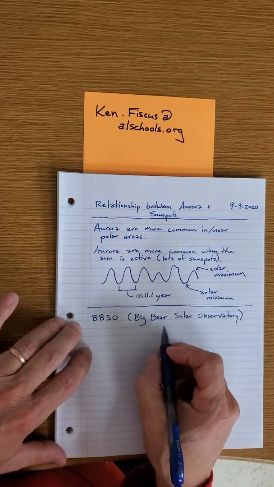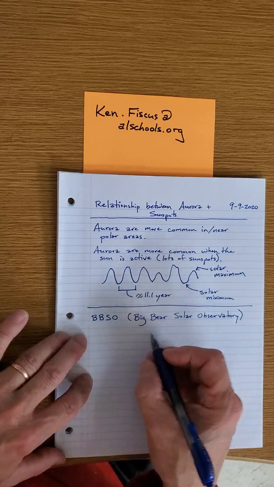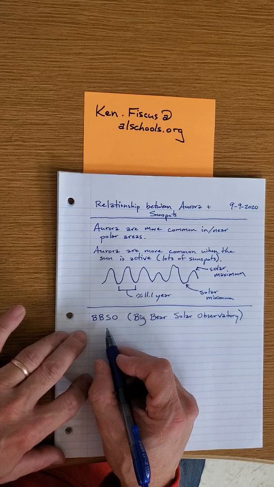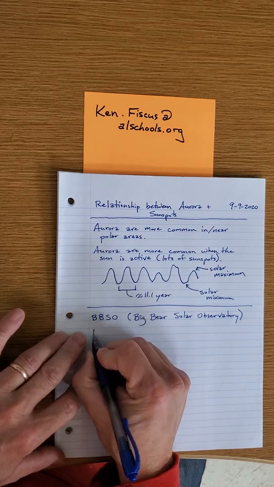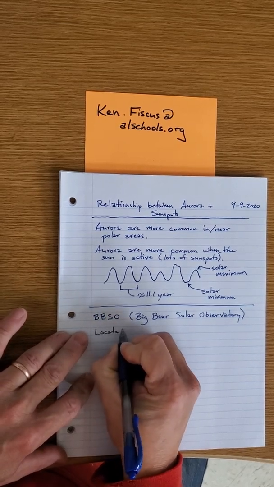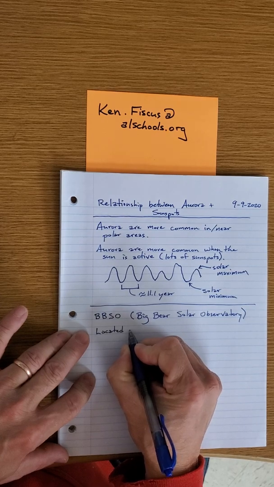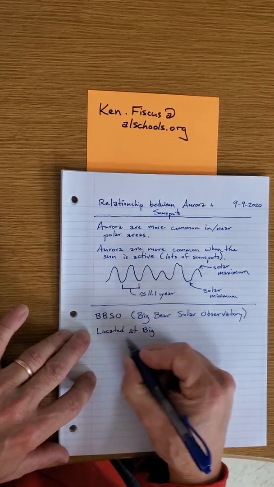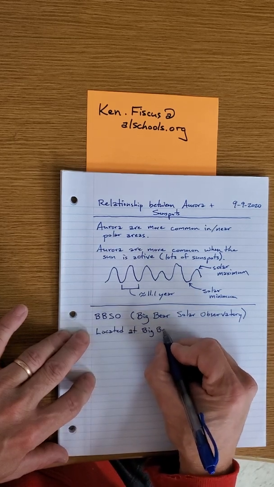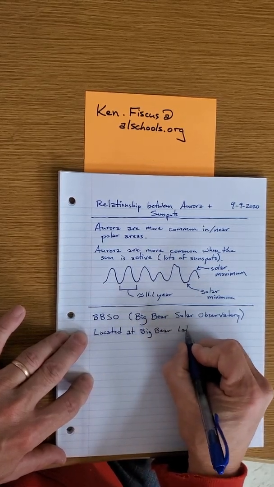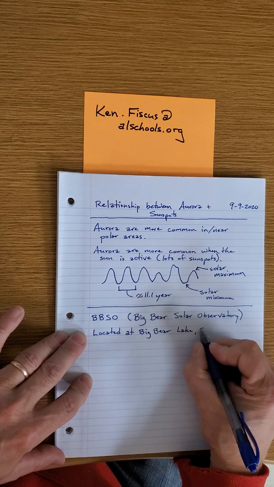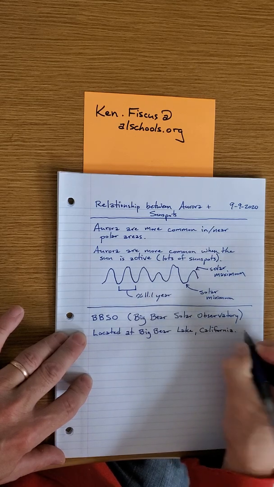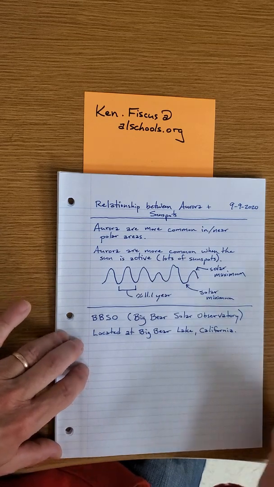It's a very important place. It's named for the lake that it's at. It's located at Big Bear, California. I'm just going to write located at Big Bear Lake, California. Here's why it's there.